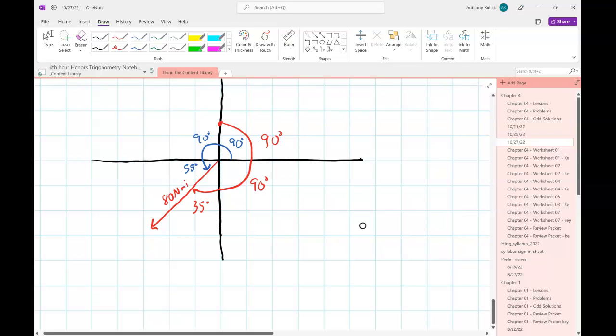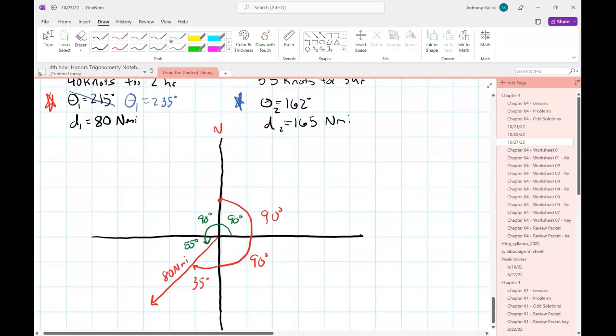That's all for leg 1. Oh, I shouldn't have used blue there, huh? Yep, that's good on you. Yeah, let's change that to green or something, huh? Thank you. And I'll put an SP next to that 235 to remind us that that's the standard position angle then.